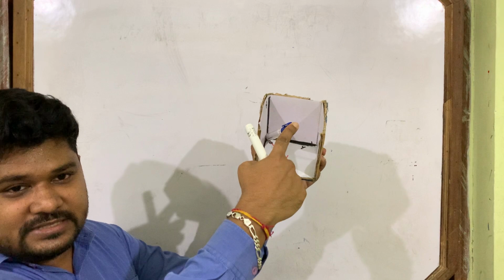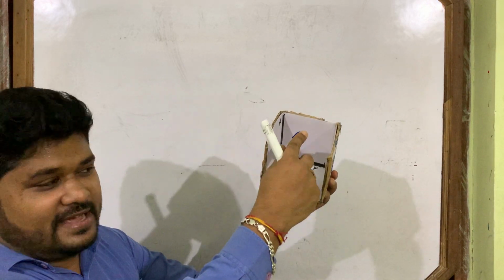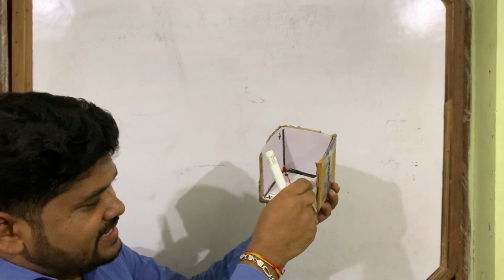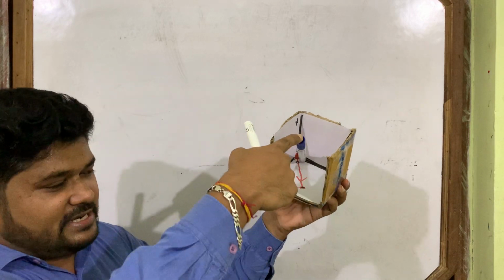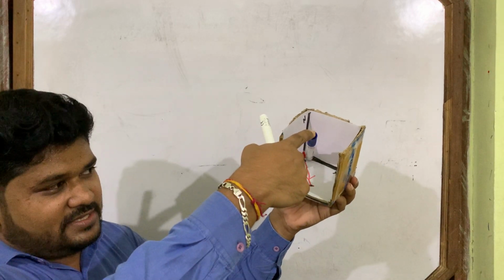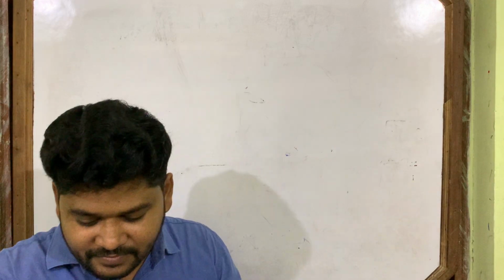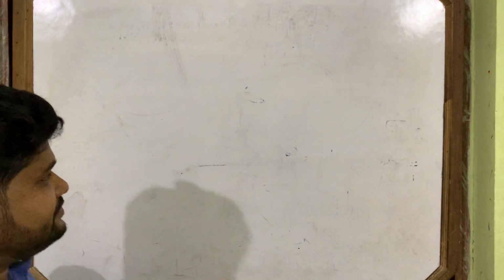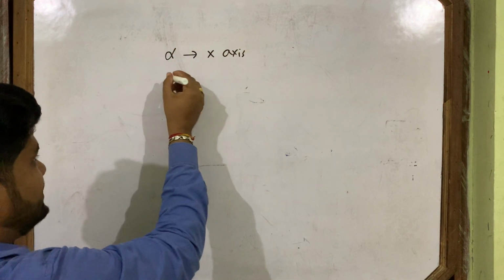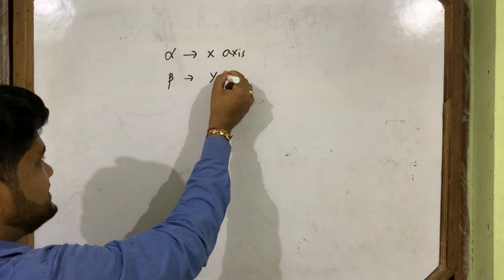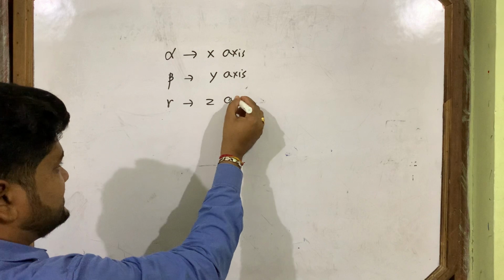So the components of this vector will be found along the x-axis, along the y-axis, and along the z-axis. Suppose this vector makes an angle alpha with the x-axis, beta with the y-axis, and gamma with the z-axis.